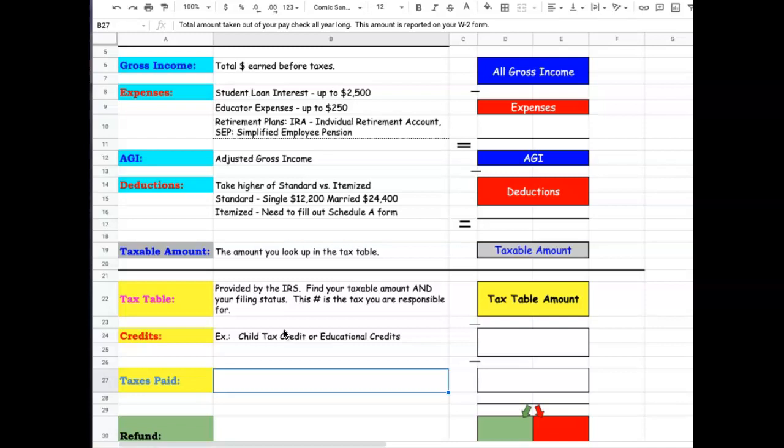Up until a certain amount of money you make, you get to take $2,000 off your tax bill for each child you have. So if you had 2 children, $4,000 right off your taxes. So whatever this taxable amount was, you lower it by $4,000 if you have 2 kids, $2,000 if you have 1 child. It does phase out depending on how much money you make if you're wealthier.